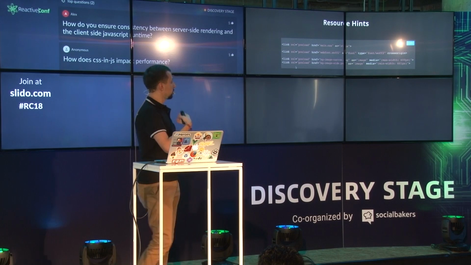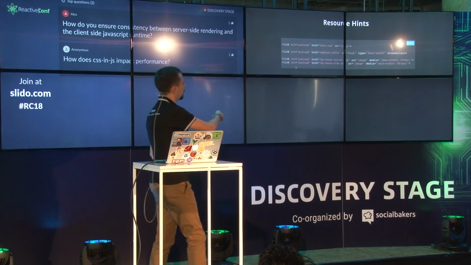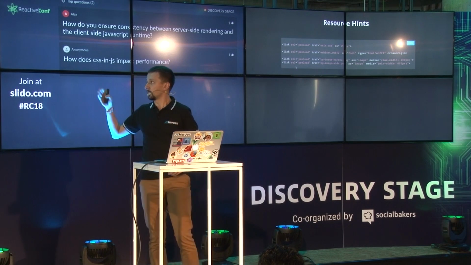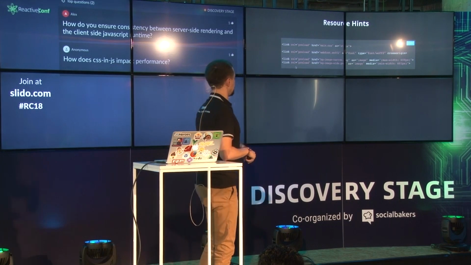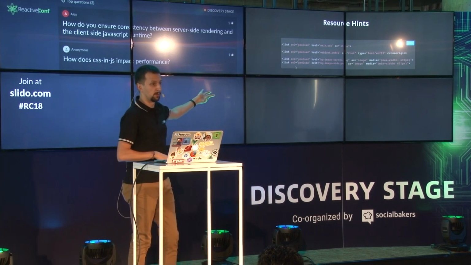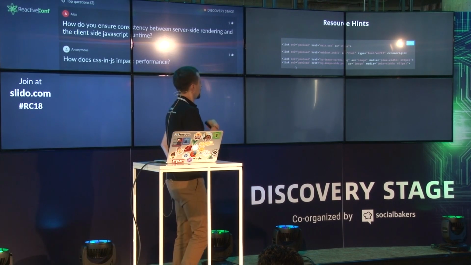This is just the beginning. You can preload fonts, you can preload pretty much any resource that can go in a link tag. The nice part, you can also preload script files.